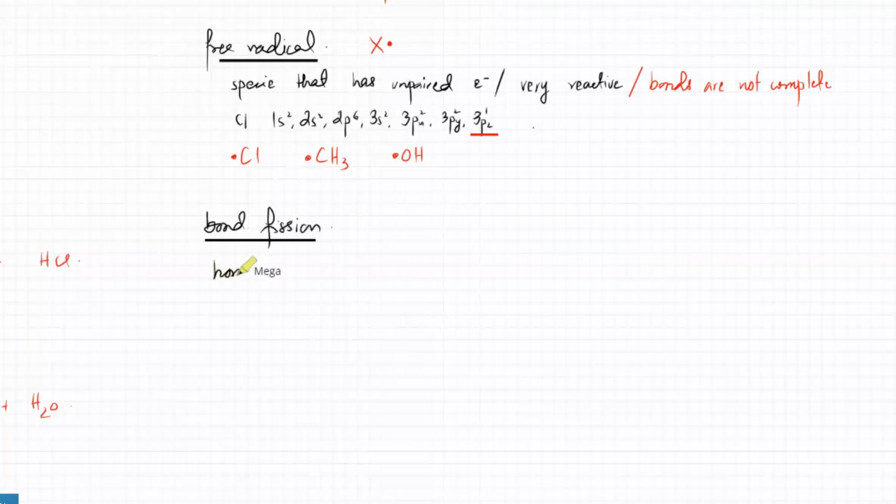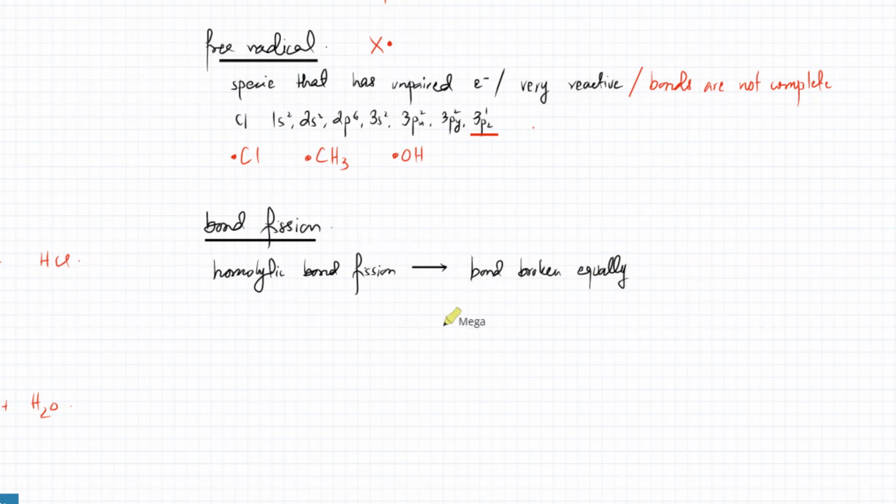There's homolytic bond fission. And similarly, there is heterolytic bond fission. Homolytic is that the bond is broken equally. An example for that is that you have a Cl2 molecule.